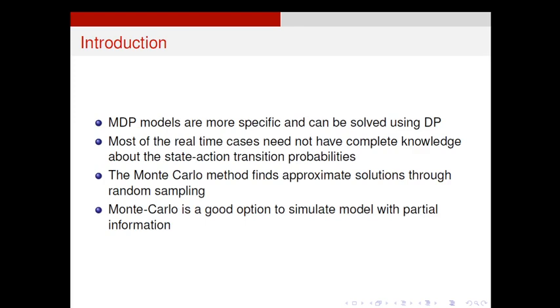So the Monte Carlo method is a statistical or stochastic approach that makes use of random numbers and random sampling to develop insightful results or predictions from given state models. Monte Carlo is a good option to simulate a model with partial information.